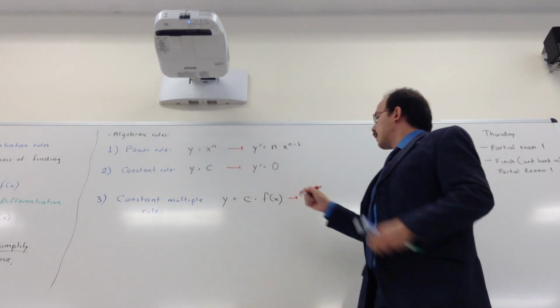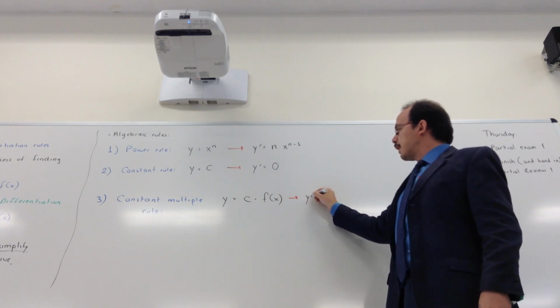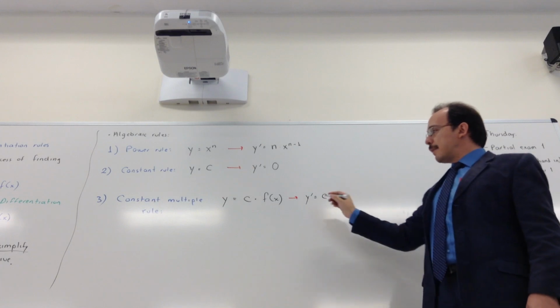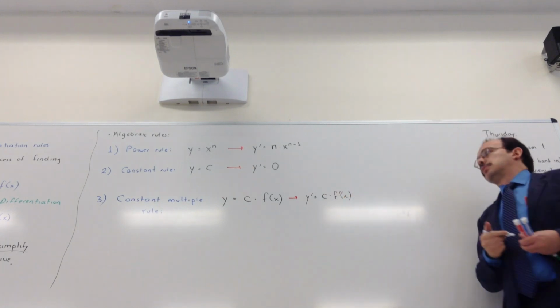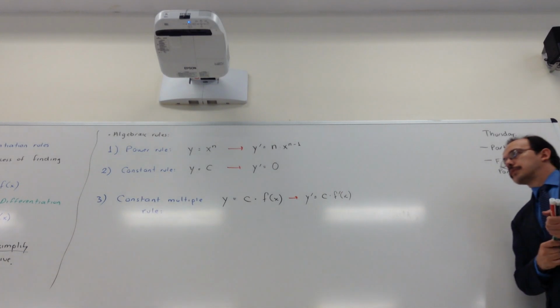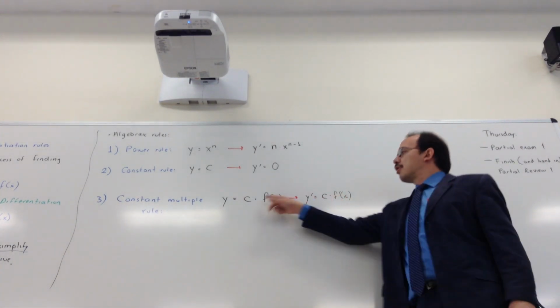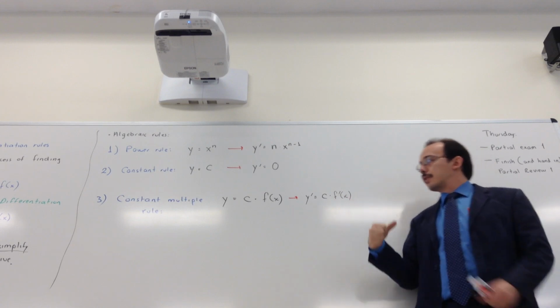The derivative is going to be y prime, which is the derivative, equal to the constant, we leave it, times the derivative of the function. Depends on the function, of course. Yeah, times. The little point means times. The constant times the derivative of the function.